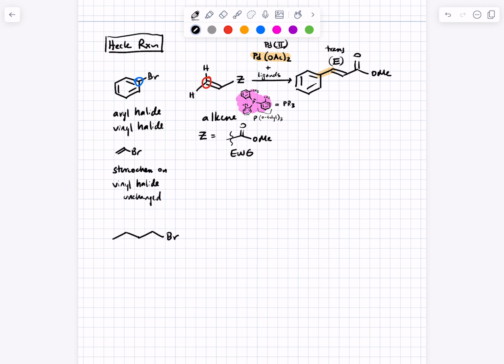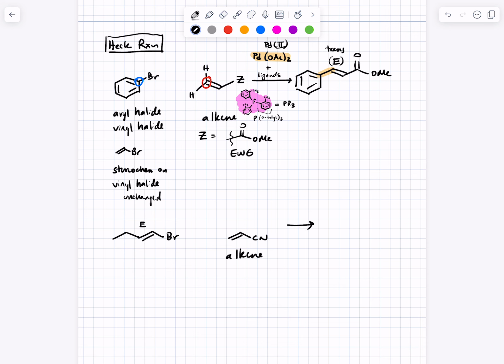So here is a vinyl halide. Notice that the stereochemistry of this double bond is E. And we'll couple it with this alkene, in which we have a terminal alkene with a cyanide group.